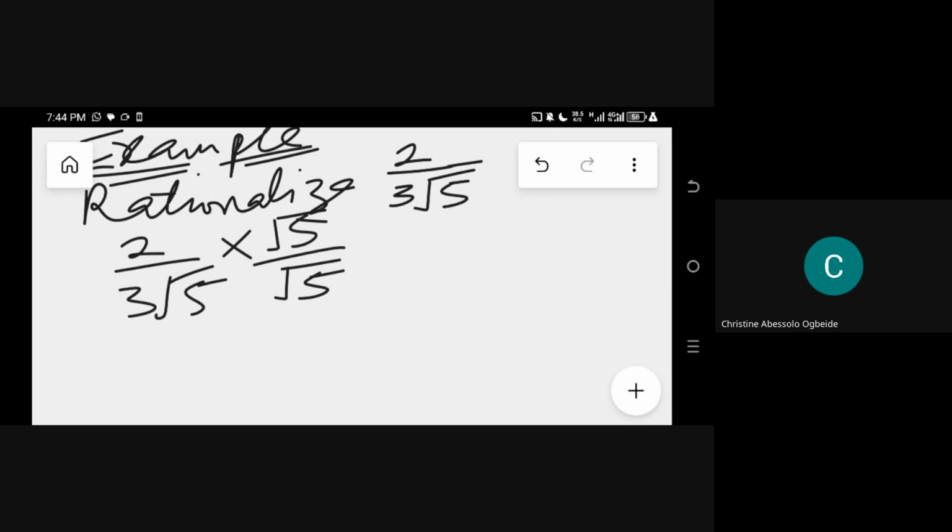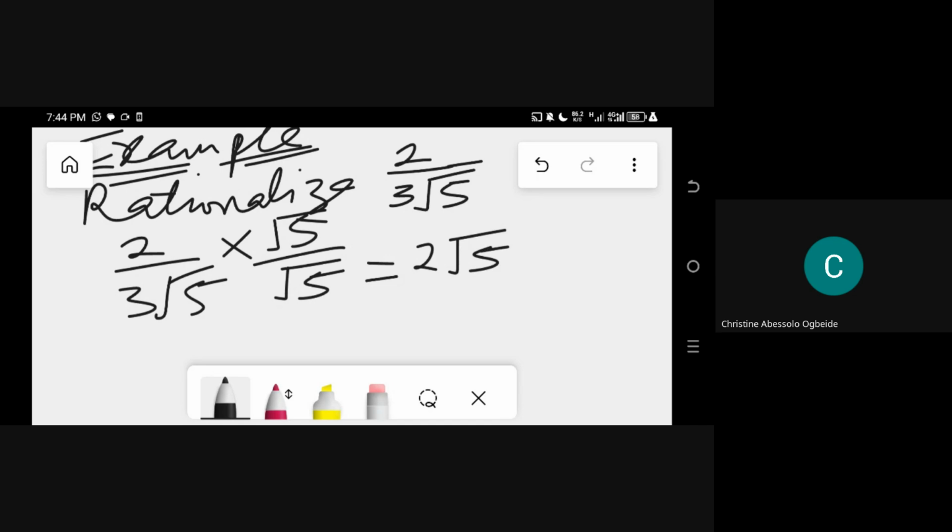We're multiplying the numerator and the denominator with root 5. We've already written that down: 2 over 3 root 5 times root 5 over root 5. The next step, you have to multiply 2 times root 5. So 2 times root 5 gives you 2 root 5.